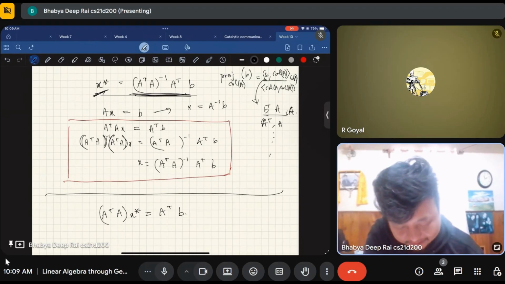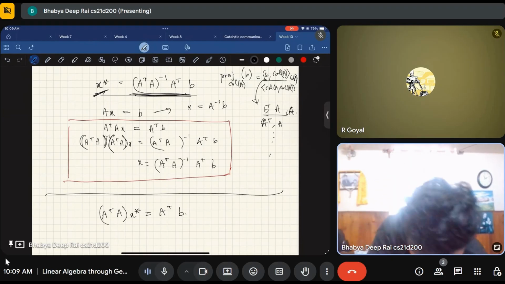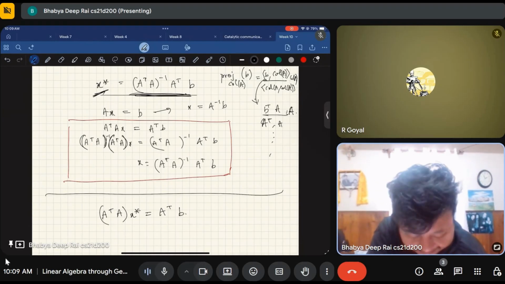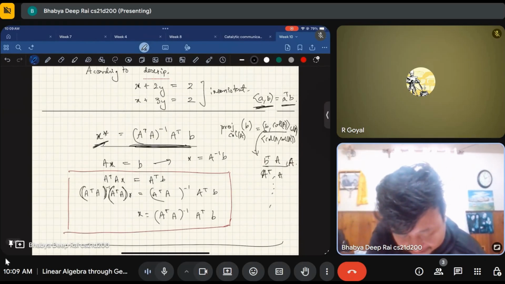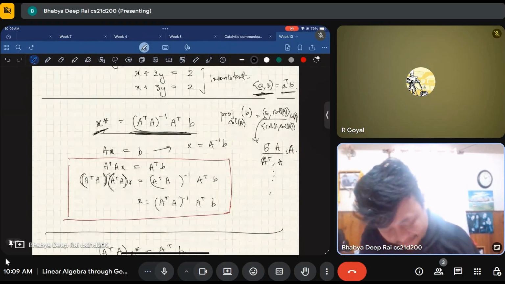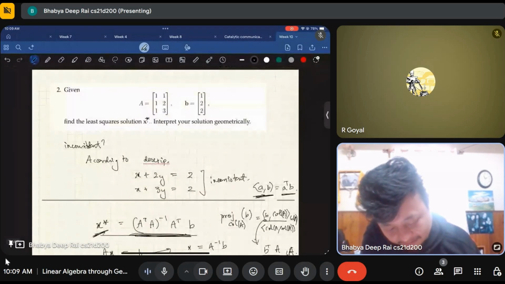So you need to find two things, that is A transpose A and A transpose B. What is A transpose? It is 1 1 1 over 1 2 3.